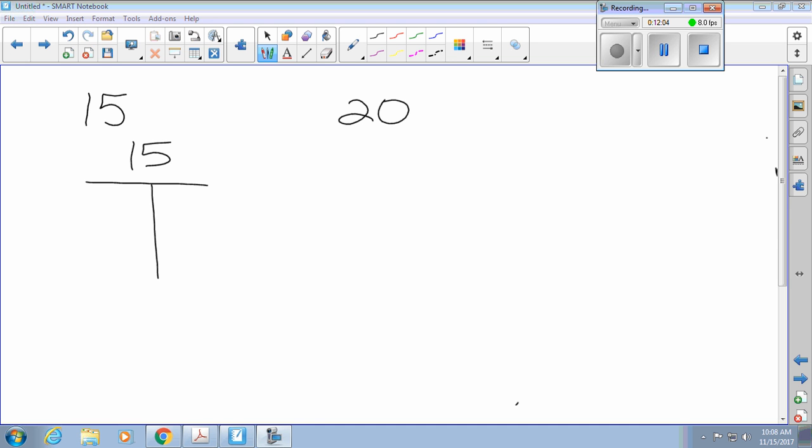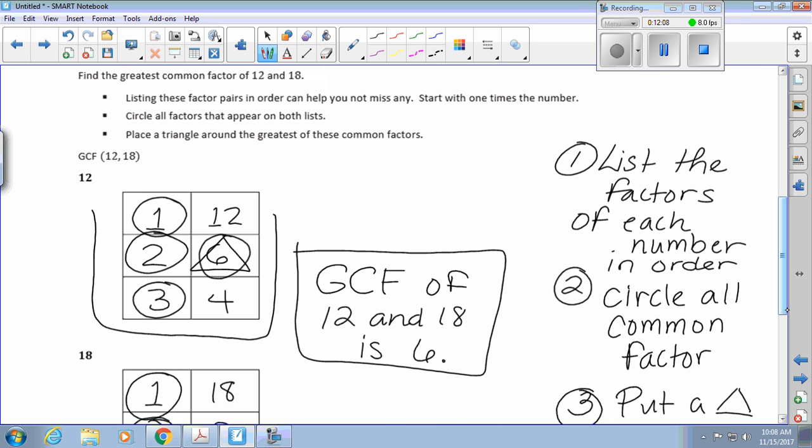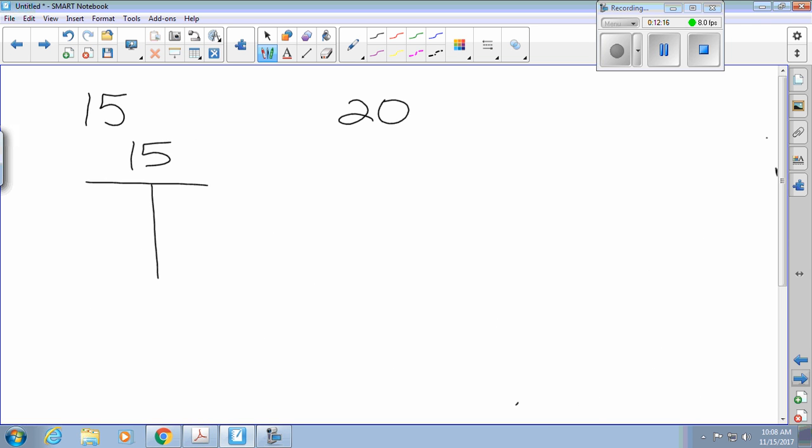So if we flip back, these happen to have 6, but honestly, there are many numbers that have plenty more than 6 factors, and there are some that have way less than 6 factors. So anyway, 15. What should we always start with? 1 times 15. All right, what's another one? 3 times 5. Yep.